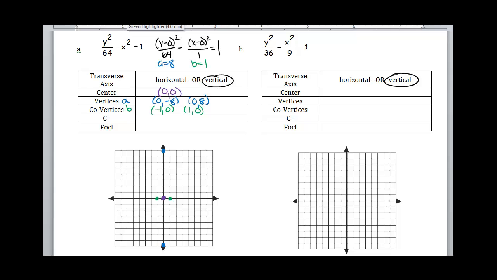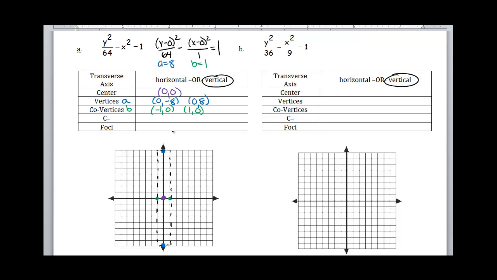Now, graphing of these is going to be a little different. We have to make a box that connects the vertices and the co-vertices. So you'll notice I'm drawing a dashed outline of a box along the perpendicular and horizontal parts of the vertices and the co-vertices.